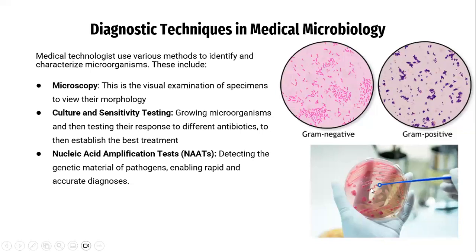Based on that information, we could recommend to the doctors which antibiotics would work for that patient. Now, there are also nucleic acid amplification tests, detecting the genetic material of pathogens, enabling rapid and accurate diagnoses. That would be done in more advanced laboratories.